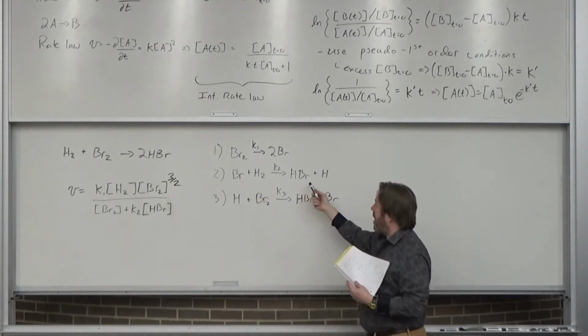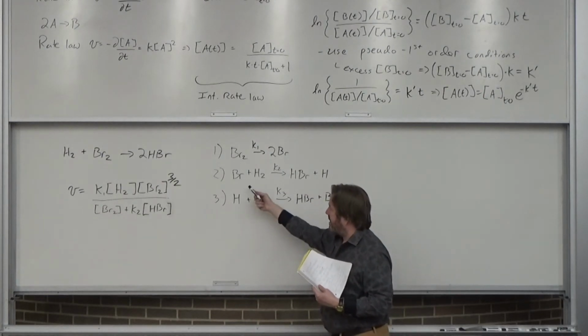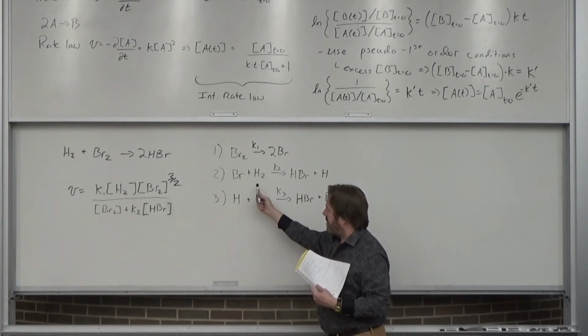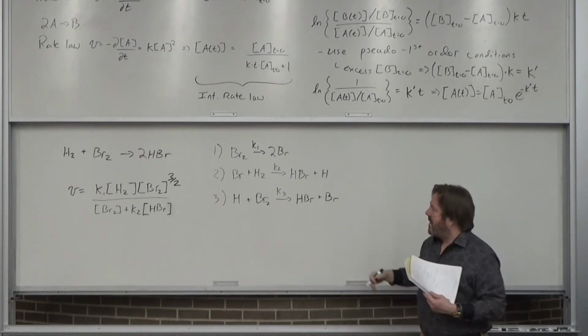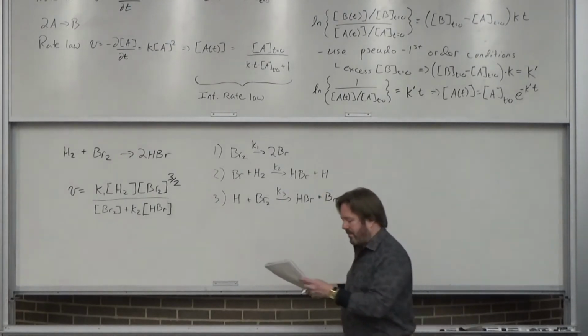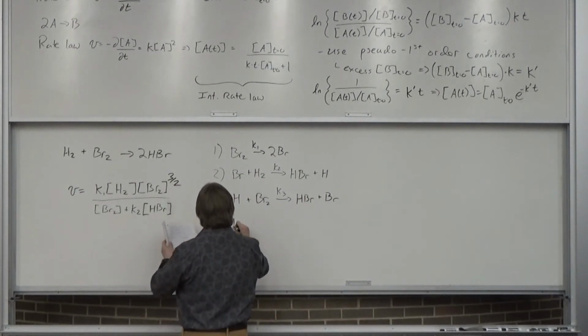Okay, now I've got a product, but stoichiometry says I have an extra H. Just like a Br can run into an H2, an H can run into a Br2, and look at that, now I got more products. So these drive you forward, but guess what? Now you got some that drive you backward.